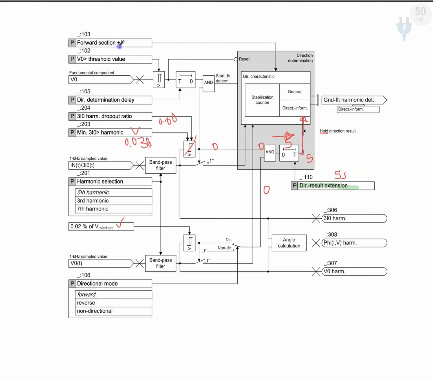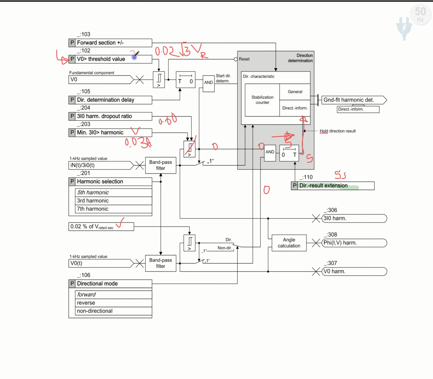What we have not discussed is the V0 threshold. This is what we discussed previously in the previous methods: 0.02 times root 3 times V rated of the secondary of these VTs.